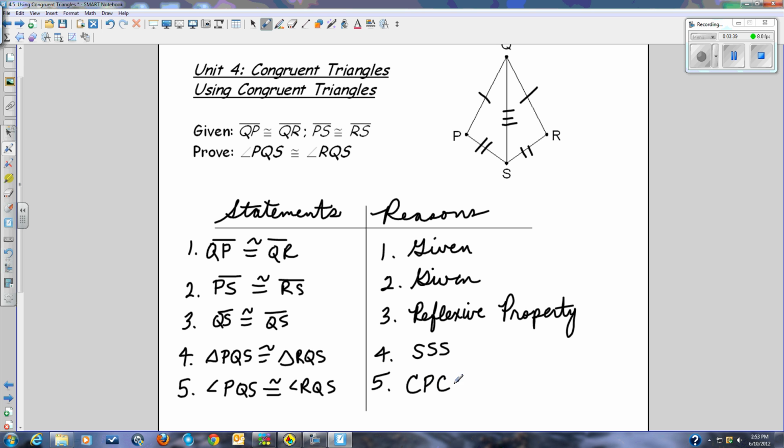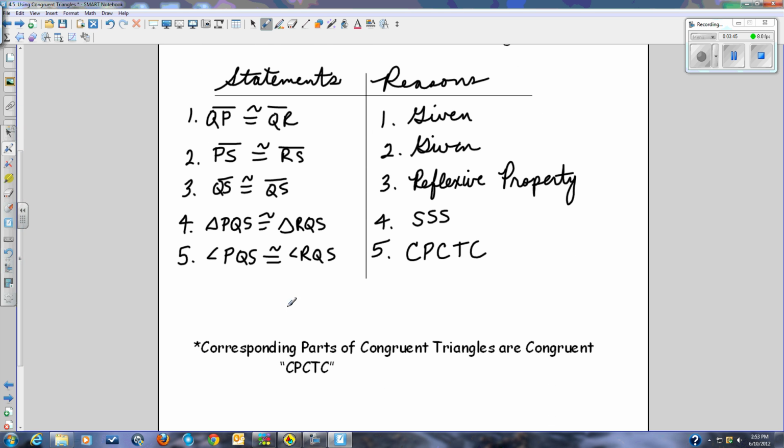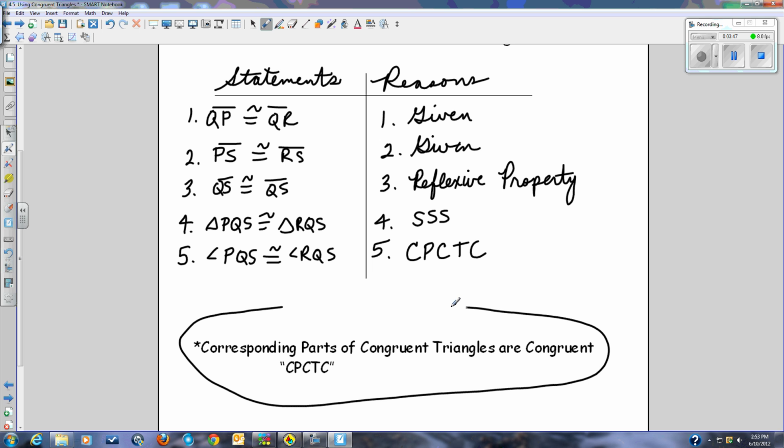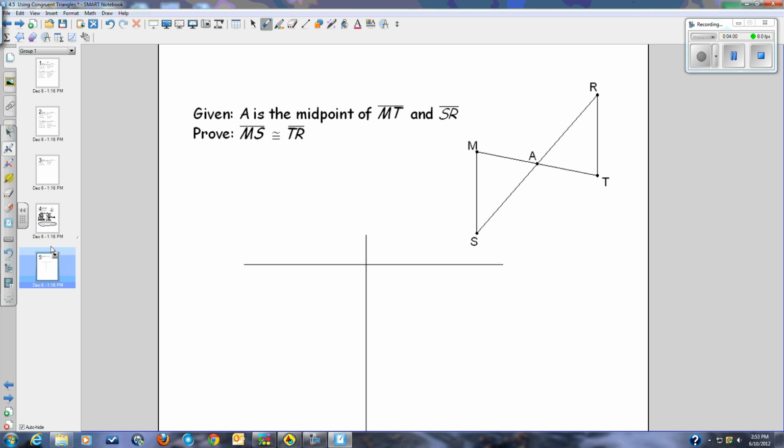Remember, that's what we're going to call CPCTC. Going right down here, corresponding parts of congruent triangles have to be congruent. So if the triangles are congruent, the corresponding angles also have to be congruent. So this is something we're going to be using quite a bit. Let's move on.